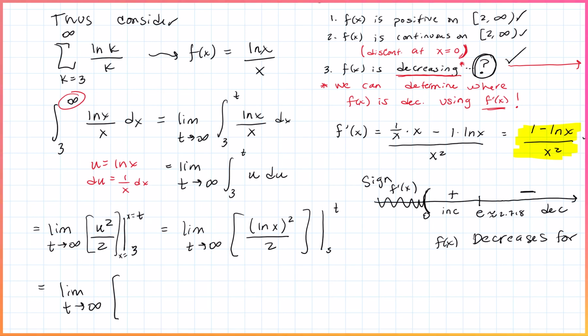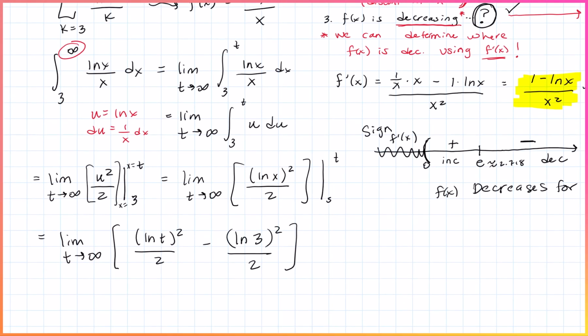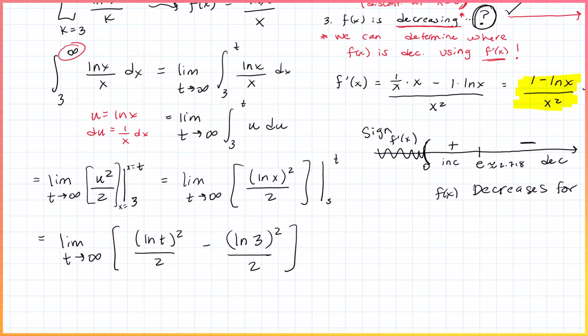So let's plug in those bounds. So that's the natural log of t squared over 2 minus the natural log of 3, quantity squared, over 2. And we're going to let our t go to infinity. And as t goes to infinity, the natural log of something that's approaching infinity is infinite. Infinity squared over 2. This whole thing is approaching infinity.